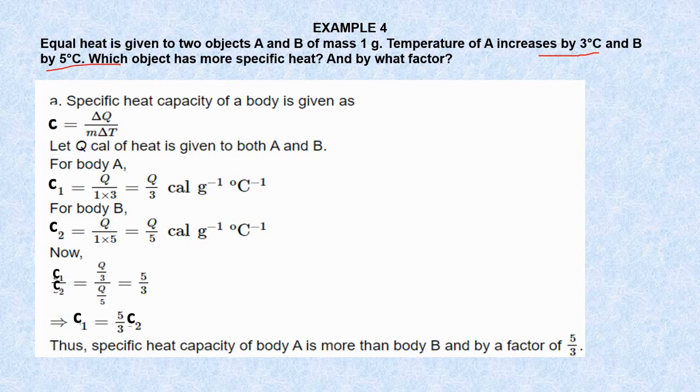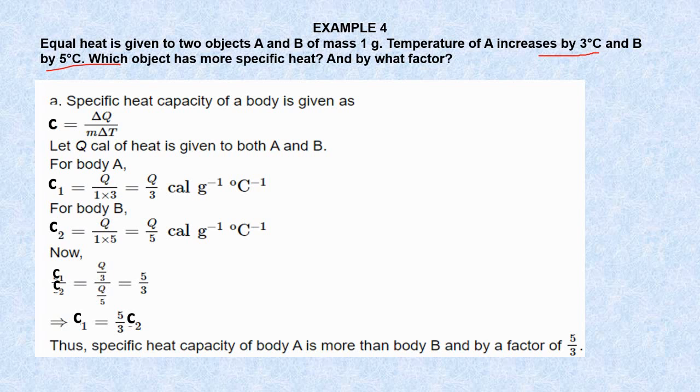So C1 is equal to Q upon 1 into 3. Why 3? Because the increase in temperature is 3 degrees Celsius for object A. So C1 will be Q upon 3 calorie per gram degree Celsius.